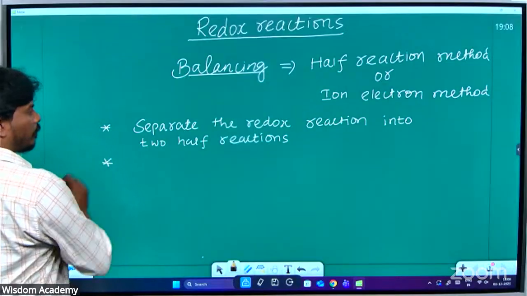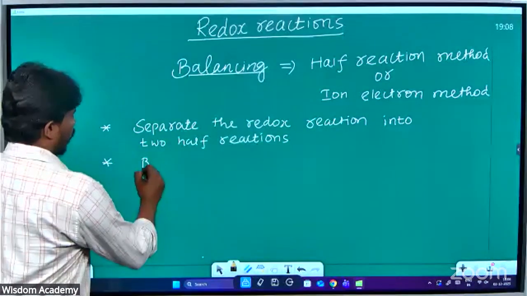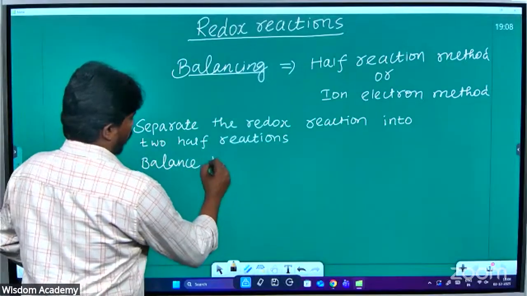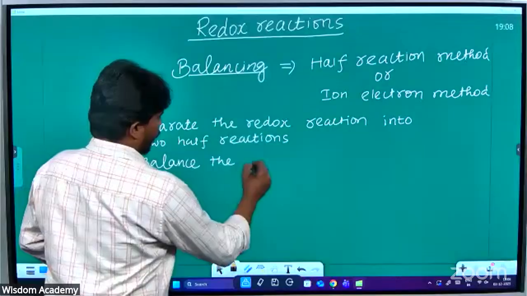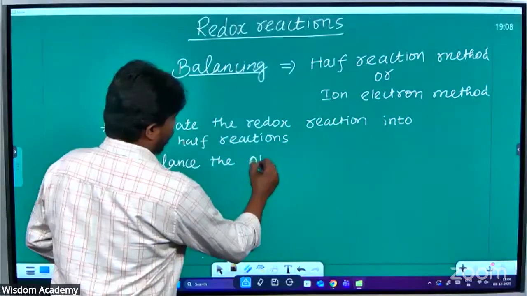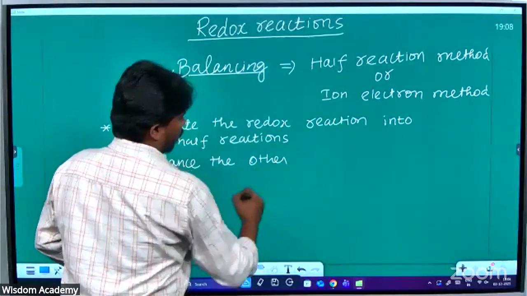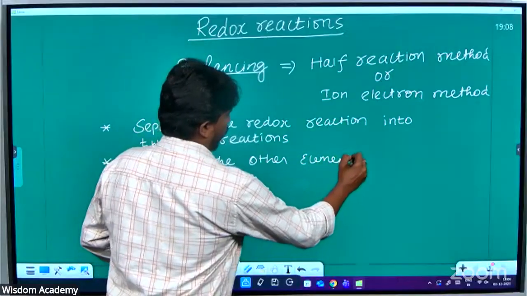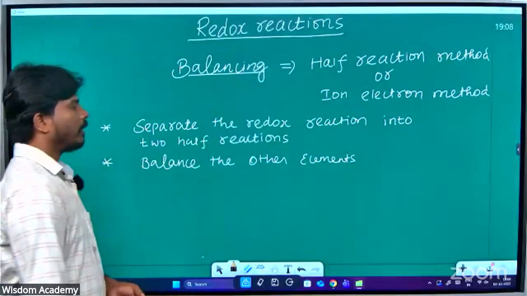Number 2, balance the atoms involved, or balance the other elements involved.